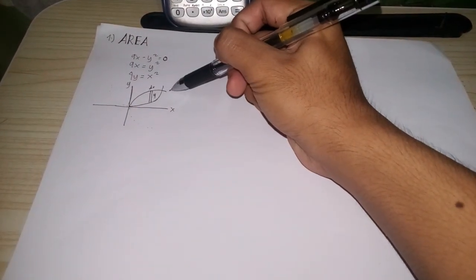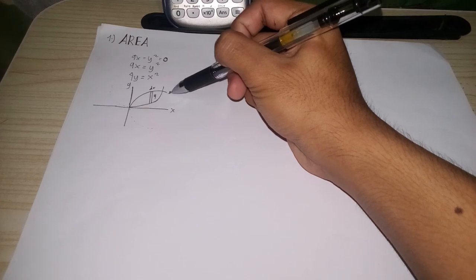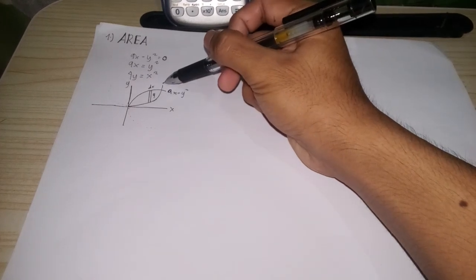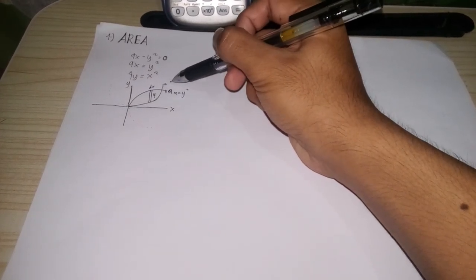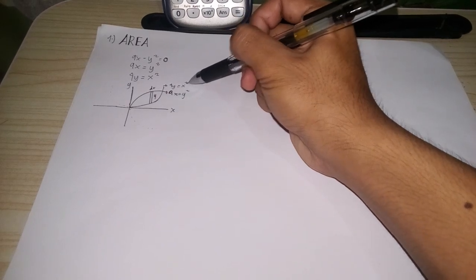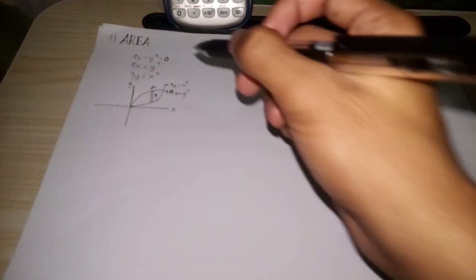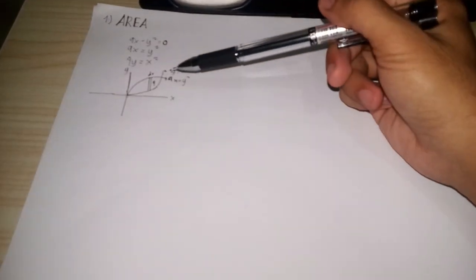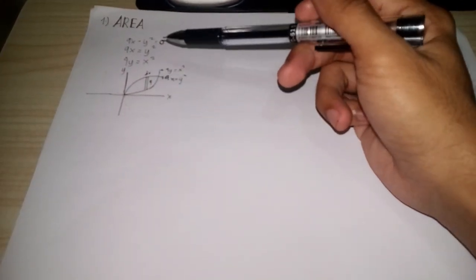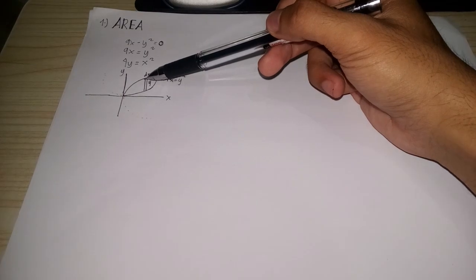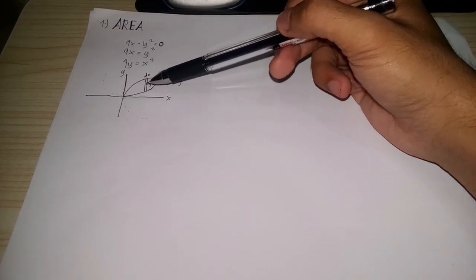This one here is our 9x equals y squared, and this one is 4y equals x squared. Let's take it slow. To solve for the area, we know that the area of this rectangular strip is length times width, right?